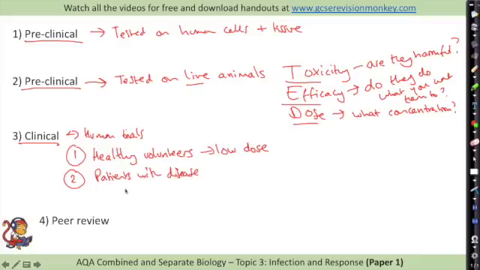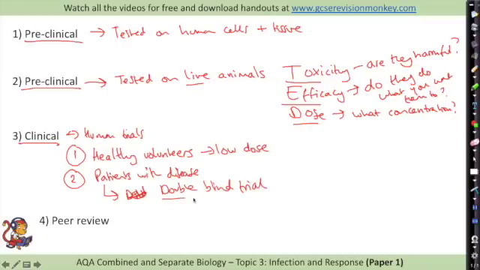But to stop the placebo effect, which is where people psychologically feel like they're getting better if they're given a drug, the type of trial that's used is a double blind trial.